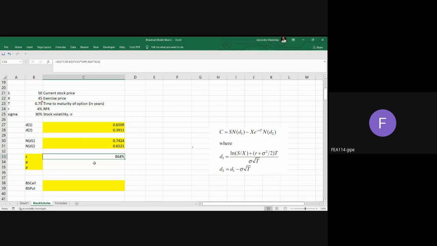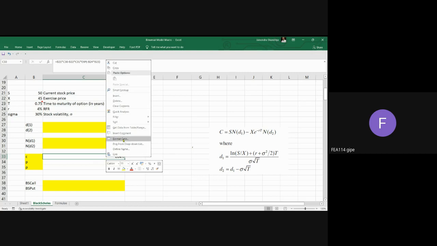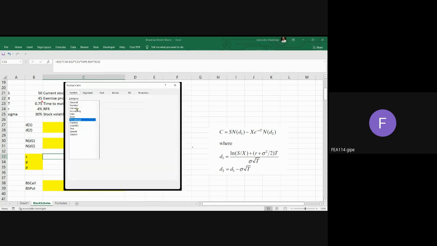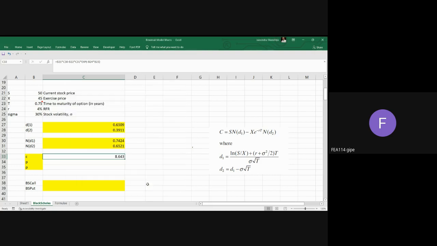So I got 8.643 rupees, because I assume that everything is in rupees, so the call price is also in rupees.